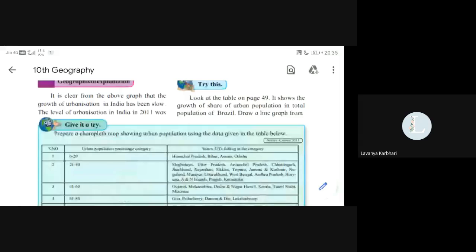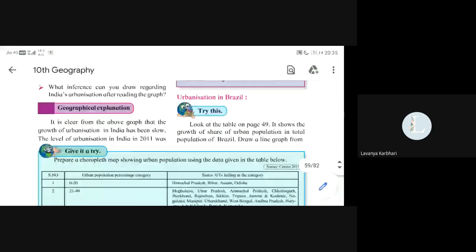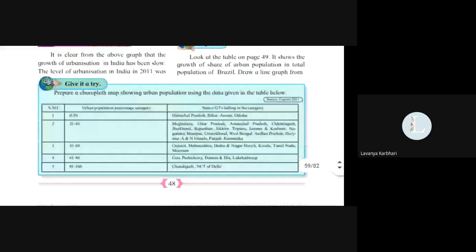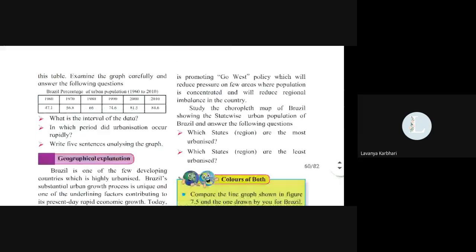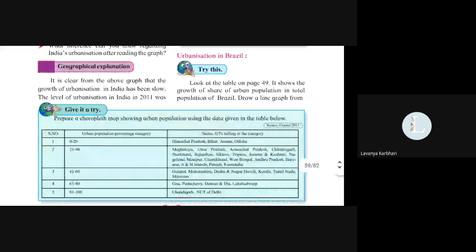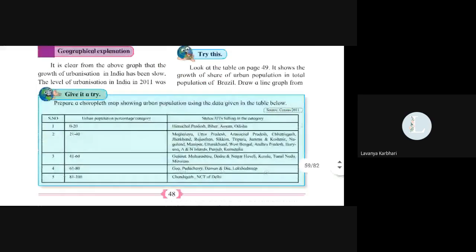They have asked you something. Look at the table on page 49. It shows the growth of the share of urban population in the total population of Brazil. You are asked to draw a line graph from the table, examine the graph carefully and answer the following questions.